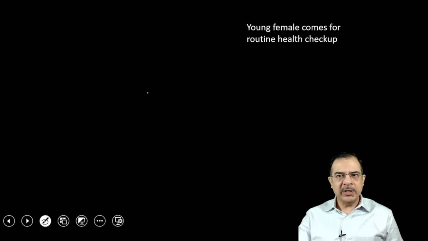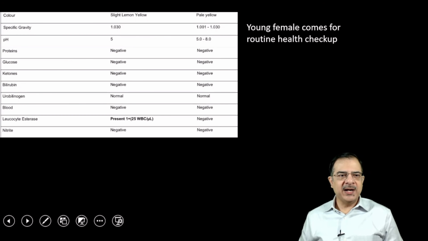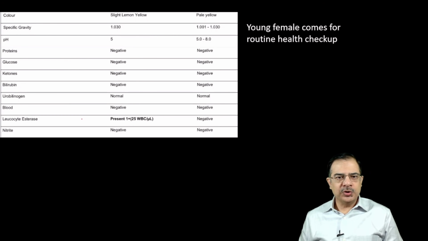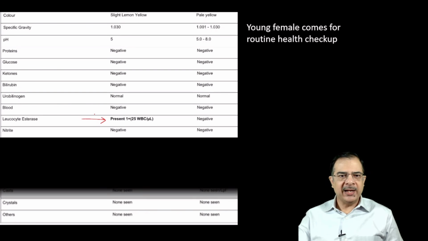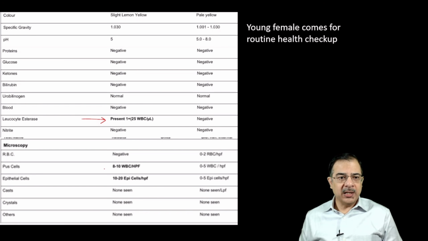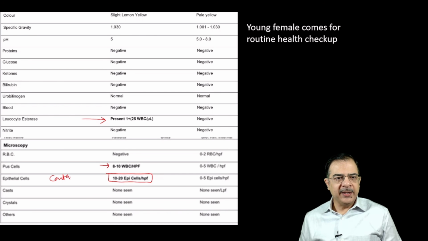A young female comes for a routine health checkup, and these are the findings in which the leukocyte esterase is positive. So we will think of urine tract infections, and when we look, the pus cells were 8 to 10 per high power field. But look at the epithelial cells. Epithelial cells are 10 to 20. So that means this is most likely a contaminated sample.